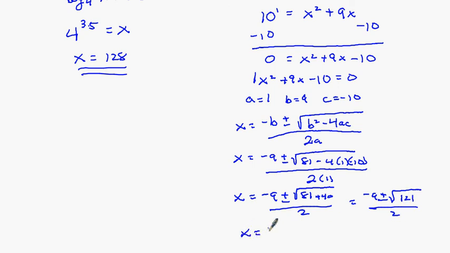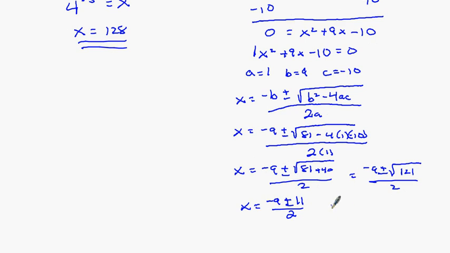So x is equal to negative 9 plus or minus 11 over 2. So I have two different answers. I have x equals negative 9 minus 11 over 2, which is negative 20 over 2, which is negative 10. Or I have x equals negative 9 plus 11 over 2, which is 2 over 2, which is 1.